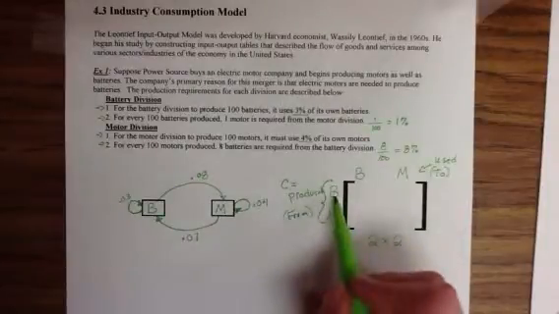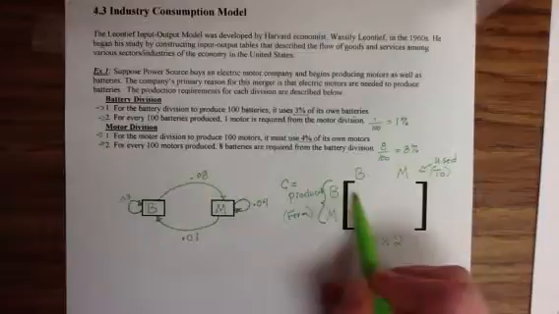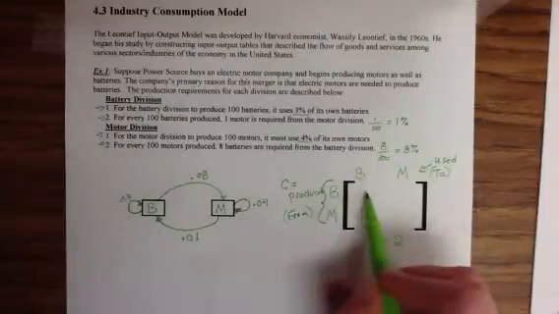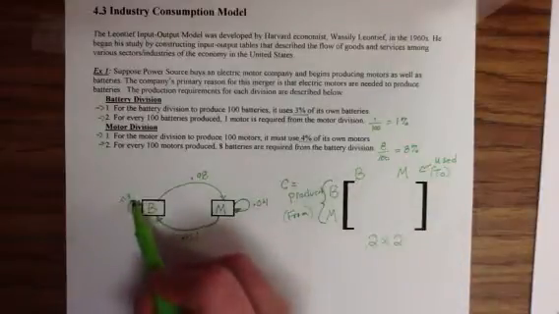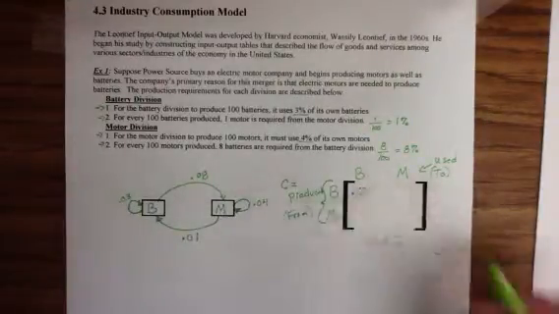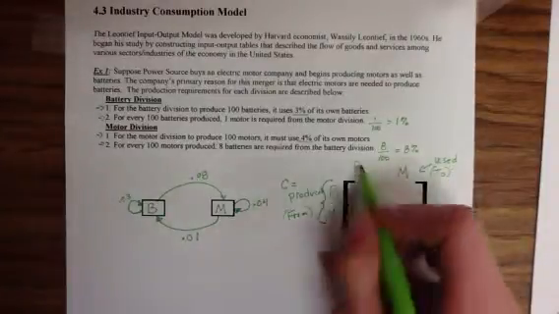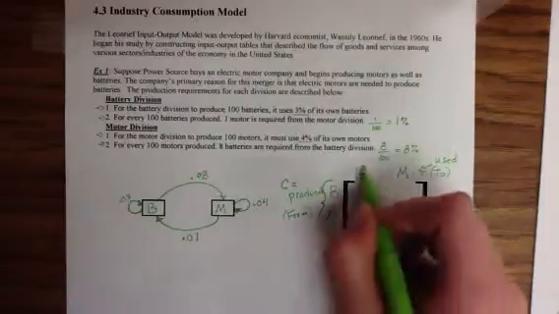So basically, from batteries, and we're going to go row then column as always, from batteries to batteries. So I'm going to fill in one at a time. So what's going from batteries to batteries? Well, I know that's that loop. It's coming out of batteries and going back to batteries, so I'm just going to put that 0.03 there. I'm going to fill in the column first. Well, here it's coming from motors, but going to batteries.